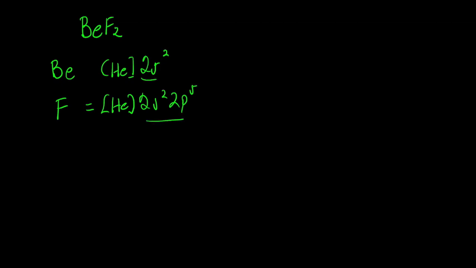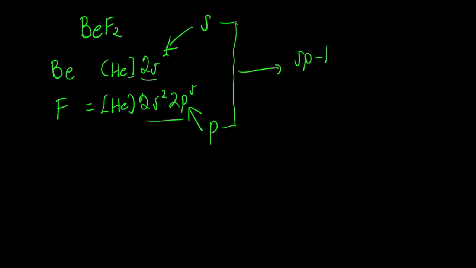So what happens is the s orbital from the beryllium and the p orbitals, which are higher in energy. So we kind of just ignore those s orbitals there, which I think is kind of wrong to do, but that's what people do. So these s and p mix to give sp hybrid orbitals.